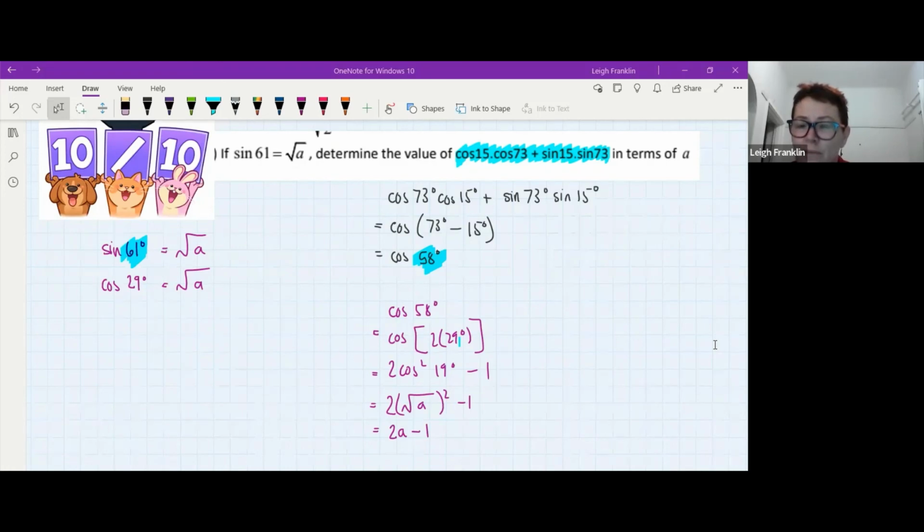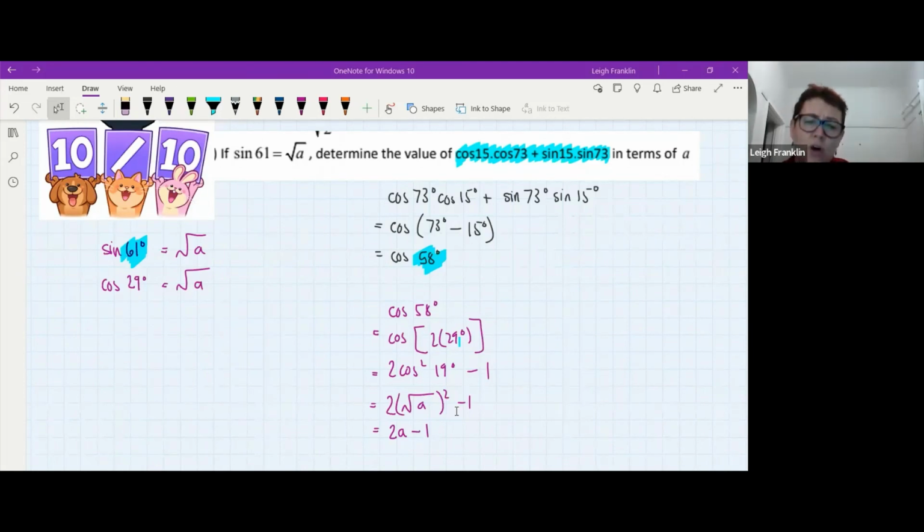Yes, Buhle. If you left your answer as 2 times the bracket square root a, the bracket squared, minus 1, would you still get the marks, or do you have to simplify? Do you know what, Buhle? I think in this situation, they would probably want you to write it as 2a minus 1. To me, it's a difficult one, because if you've got that far, you really do understand what the question is asking you.